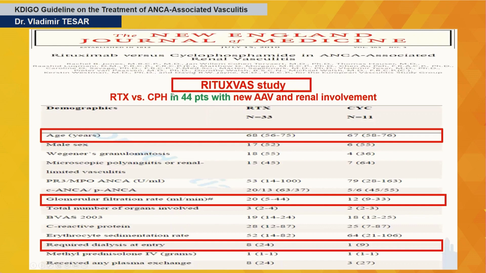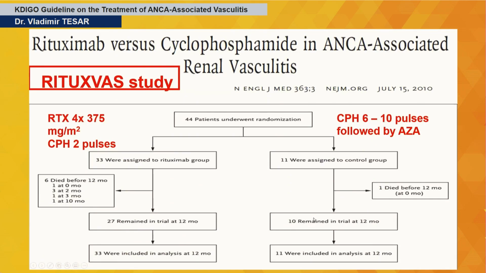There was another small study, RITUXVAS, which randomized only 44 patients, but with very severe renal involvement, with a mean glomerular filtration rate of about 20 ml per minute. In this study, traditional treatment with cyclophosphamide pulses followed by AZA was compared with rituximab with 2 initial pulses of cyclophosphamide to be sure that the effect of rituximab is quick enough.